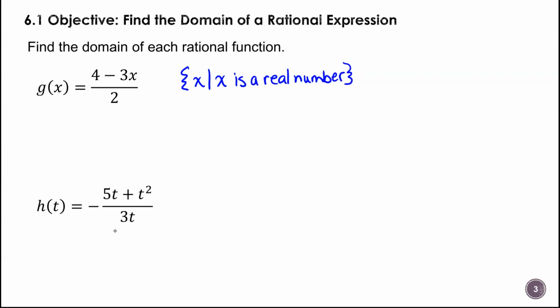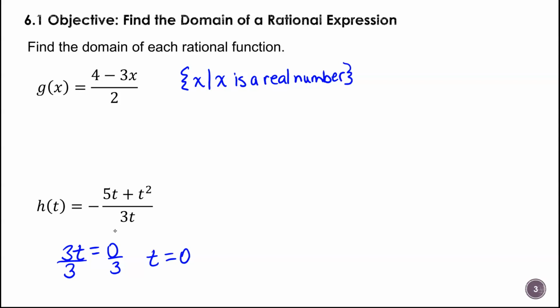Now on the second one, the h of t function, on this one I could get a 0 if I put 0 in, right? So if I divide both sides by 3, t equals 0. So 0 is actually the only number that would make my denominator a 0, and so that means that it can't be part of my domain.